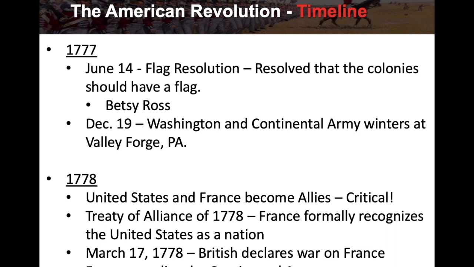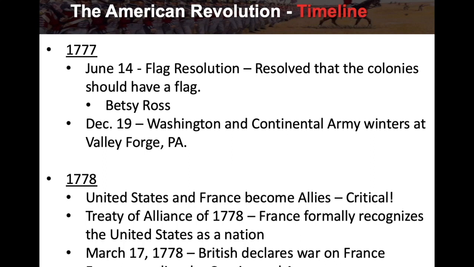So they winter in Valley Forge, which is outside of Philadelphia, and I've been there. It's a national park, not a battlefield. You can go there and see some of the little log cabins that they built, and it was just not a good place for the Continental Army.